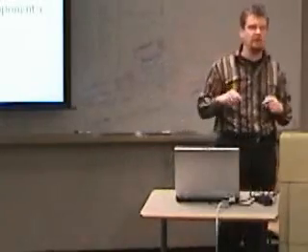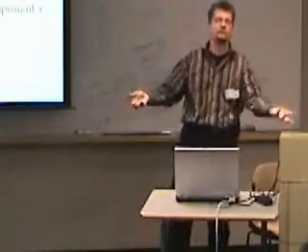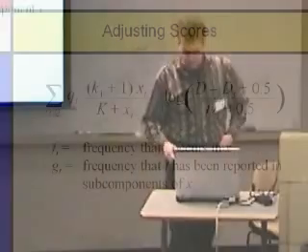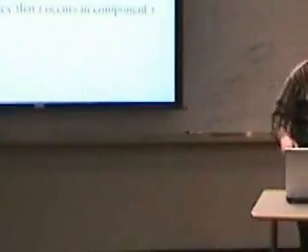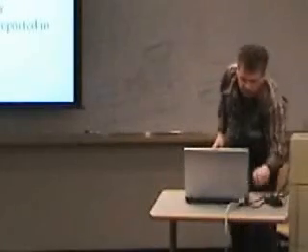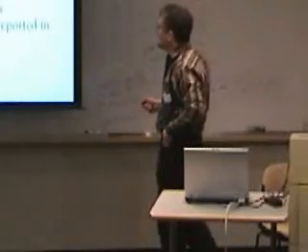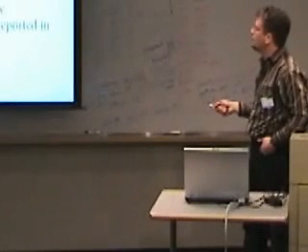So I'm going to do the same thing here. In this simple model where we're just graying things out, I'm going to say if you're grayed out, you count for some factor less than you would count for if you weren't grayed out. So I'm going to take this frequency that term occurs in a component, and I'm going to split it into two pieces. Here I have a baseline frequency that T occurs in X. This is the same as what we had before. This is the ungrayed out.